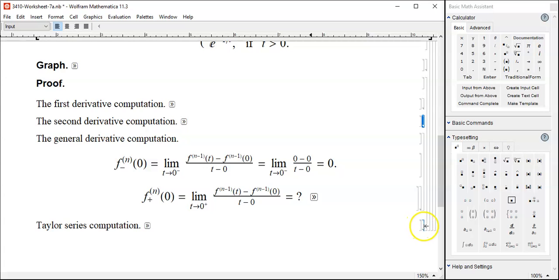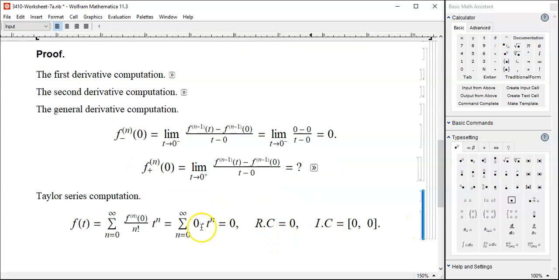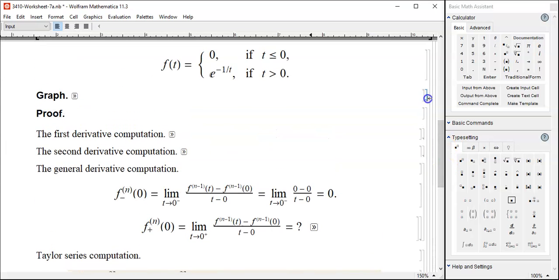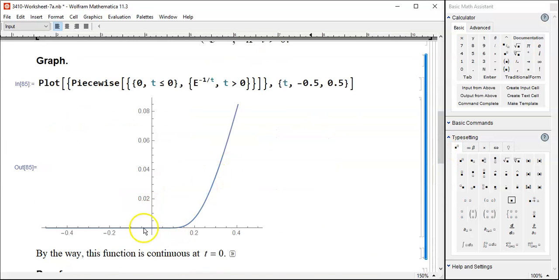Finally, the conclusion. The Taylor series computation becomes like this. The derivatives are all 0, so coefficient is all 0, so you get only 0. And then, of course, that's not valid at all. Look at the graph. This is not a constant function.